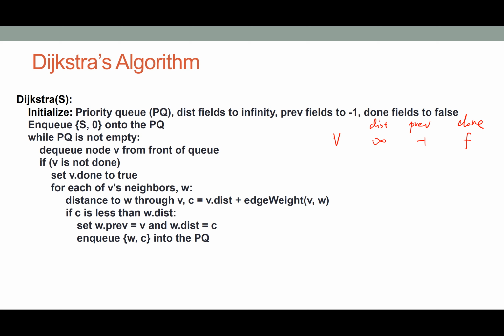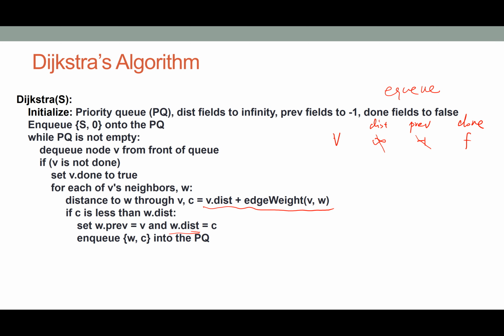And as we go, we're trying to enforce the triangle inequality. So if w.dist and v.dist plus the edge between them violate the triangle inequality, you fix the distance, you update the previous, and then you enqueue the node. If the triangle inequality is fixed, in the end, we find the shortest distance.